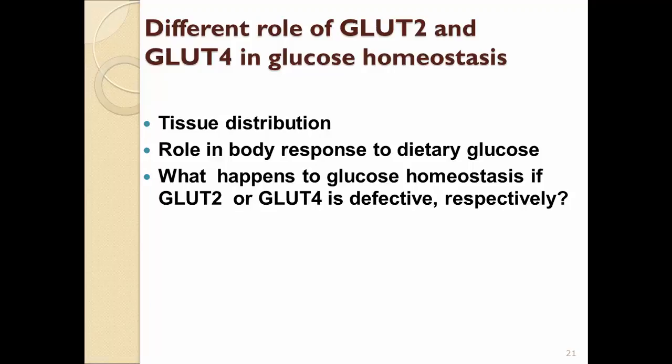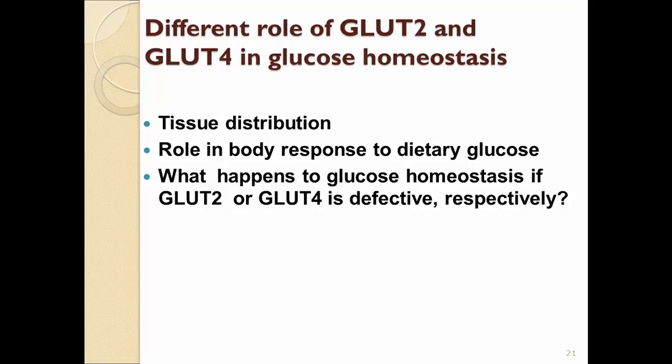All right, any questions? Yeah. So is GLUT4 dependent on GLUT2? If GLUT2 transporters are not working or ineffective, does GLUT4 even exist as a secondary response? Yes. Great question. So remember, the GLUT4 response depends on insulin, right? If GLUT2 does not function well, it cannot stimulate insulin release, so insulin action will be decreased.